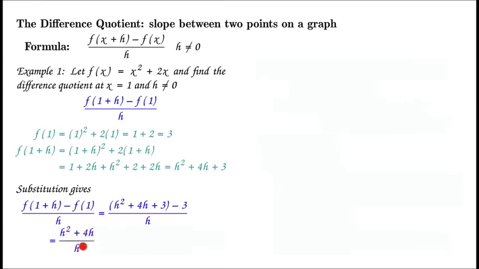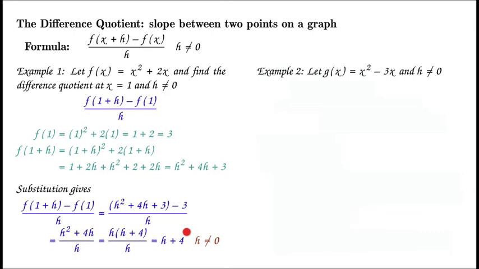And I can then simplify this a bit further by factoring an h out of the top. So each term has an h, so I have h times the quantity h plus 4, and then cancel these two h's to get the value h plus 4. Now this is the difference quotient value only assuming that h is not equal to 0. So I see that at x equals 1, my difference quotient for any h value that I want, aside from h equals 0, will be h plus 4.